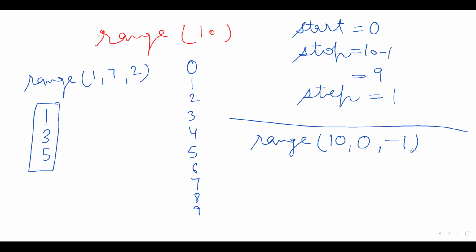But if you want to do it in reverse order, you will have to give -1. So this function will give you 10, 9, 8, 7, 6, 5, 4, 3, 2, and 1. Because 1 minus 1 is 0, and 0 we cannot use, it will give results till 1.